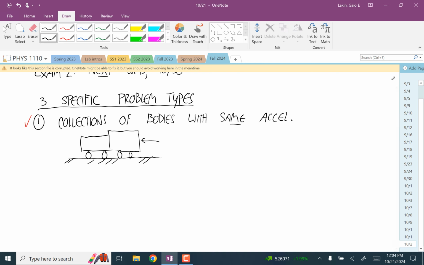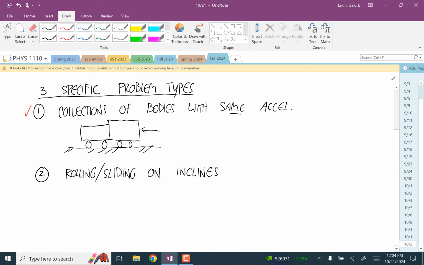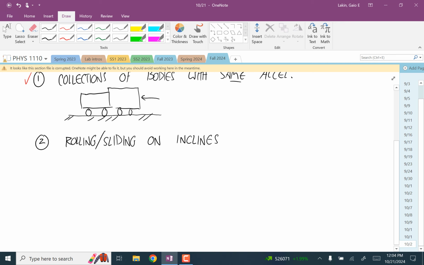And then going on to the second one, this is rolling and sliding problems on inclines. Okay, so so far when we've done rolling and sliding problems, everything has been along a horizontal surface.